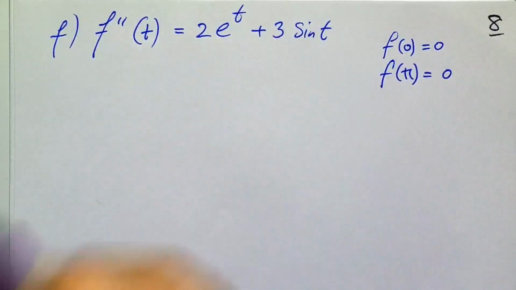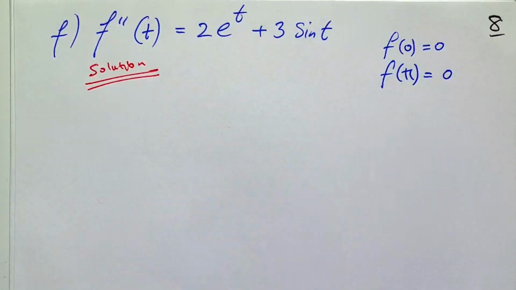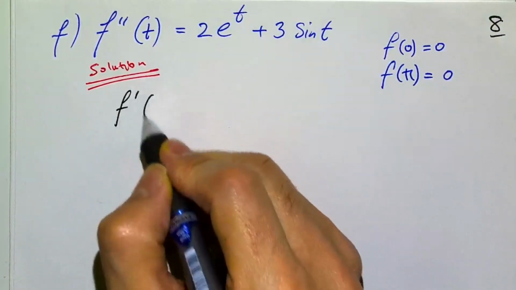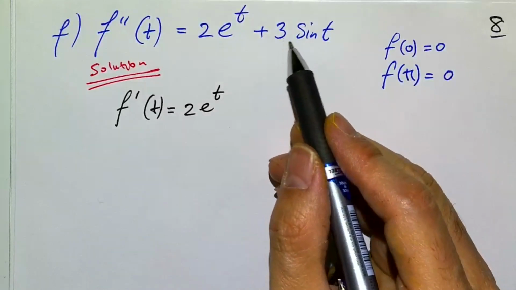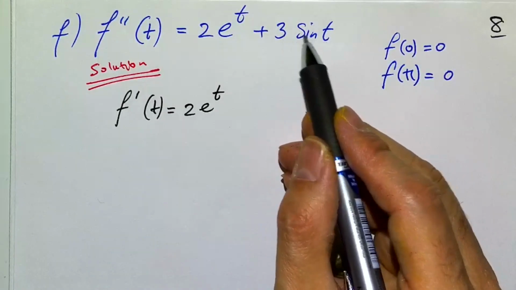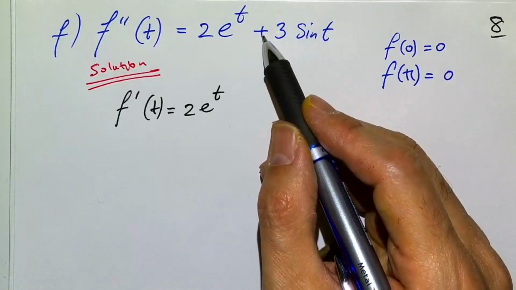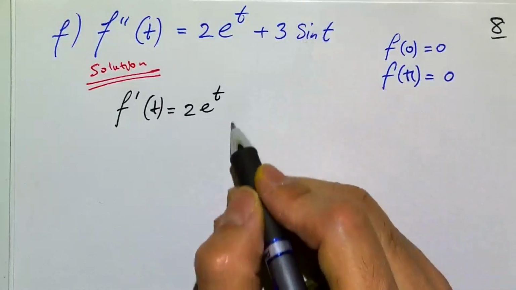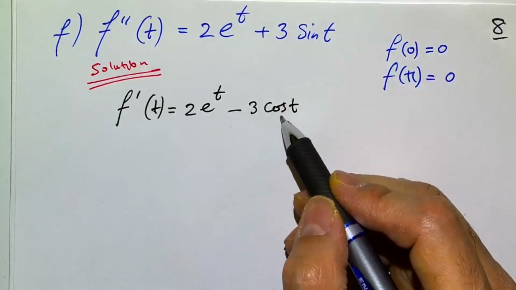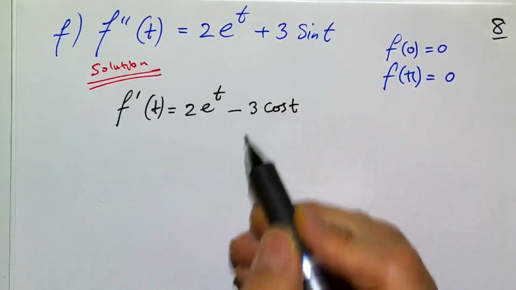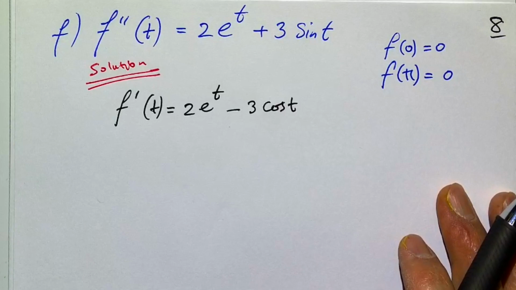So as we have the solution like that: f prime of t is equal to 2e to the t, and of course cosine would be the antiderivative of sine of t, but the initial function, or the f prime, must have been minus 3 cosine of t, because if you take the derivative of this, you get minus sine of t, which multiplies by this and gives us plus 3 sine of t.